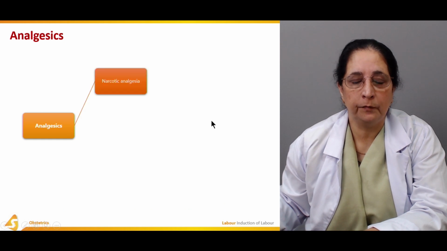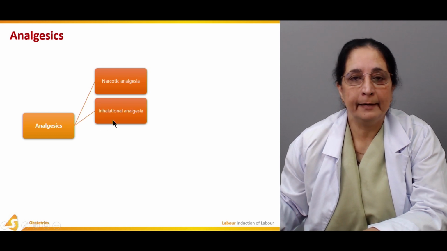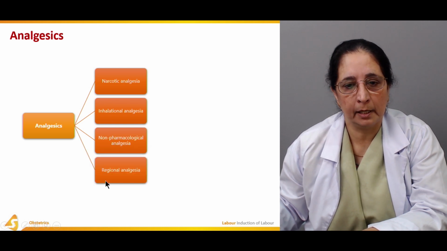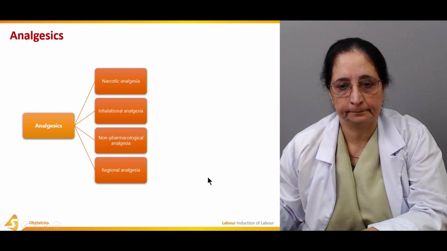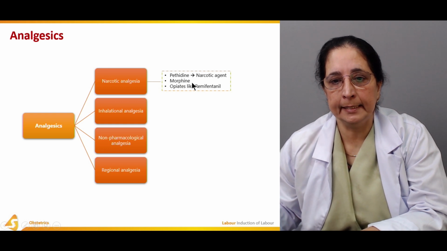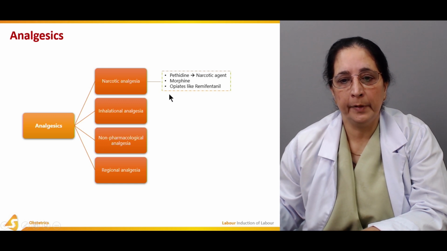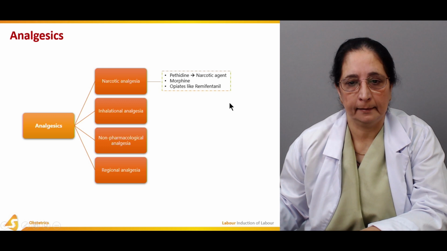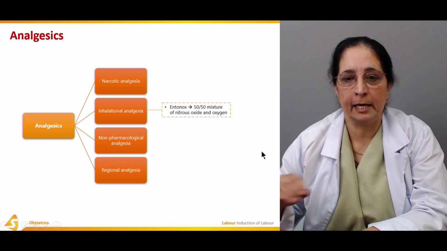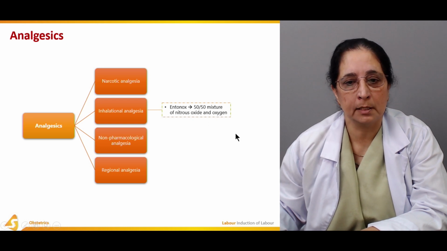Analgesics which can be used for the relief of pain: we have narcotic analgesia, inhalation analgesia, non-pharmacological analgesia, and regional analgesia. The narcotic analgesia includes pethidine, which is a narcotic agent, morphine, and opioids like remifentanil. Inhalation analgesia is Entonox, a 50-50 mixture of nitrous oxide and oxygen.